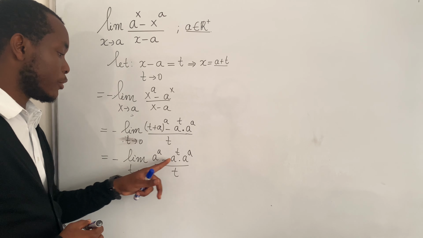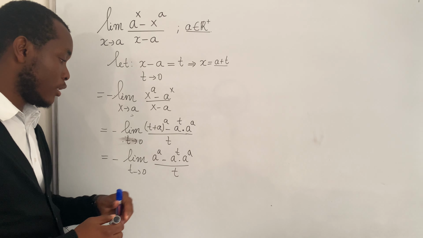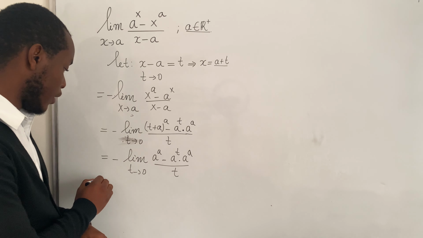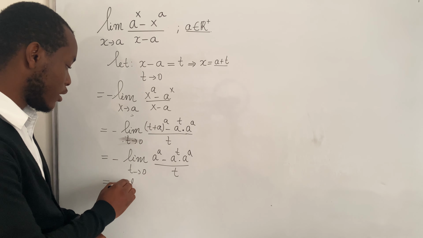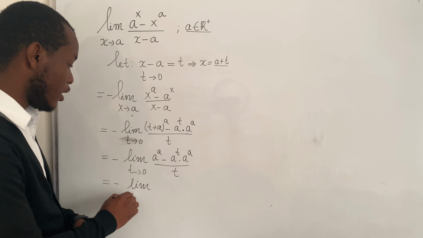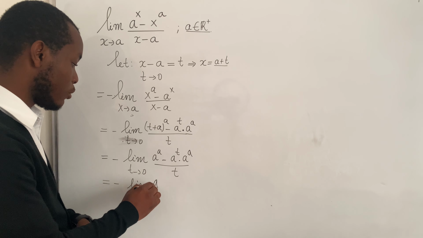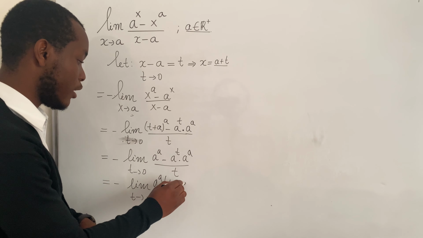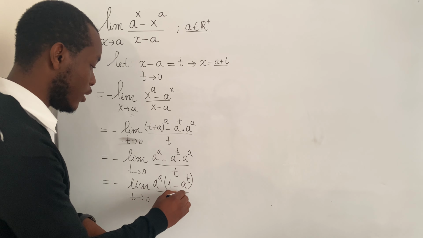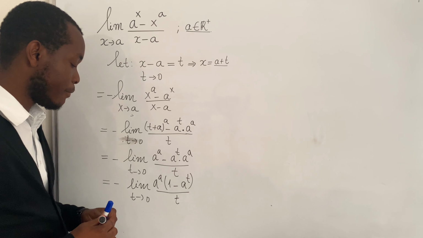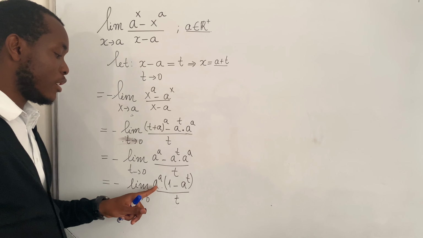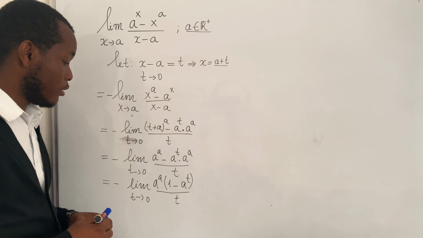Now we can factorize a^a. Factorizing a^a, we have minus the limit when t approaches 0 of a^a times (1 minus a^t) over t. So a^a is a constant and can come outside.